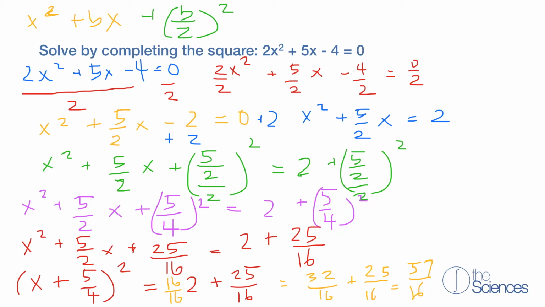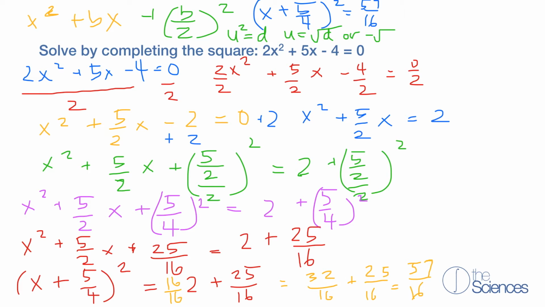So now our equation is x plus 5 over 4 squared equals 57 over 16.